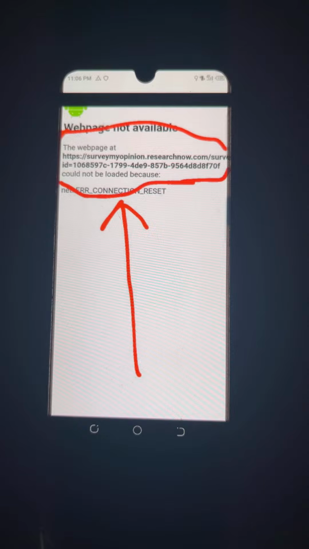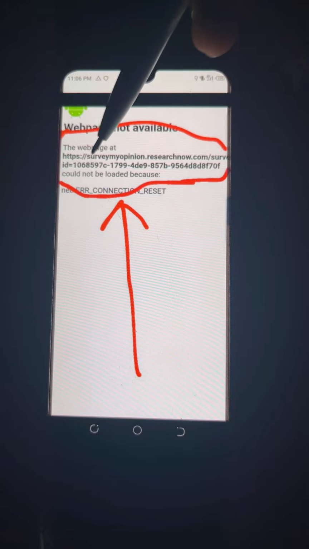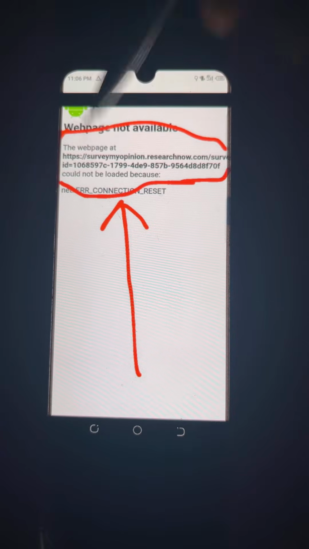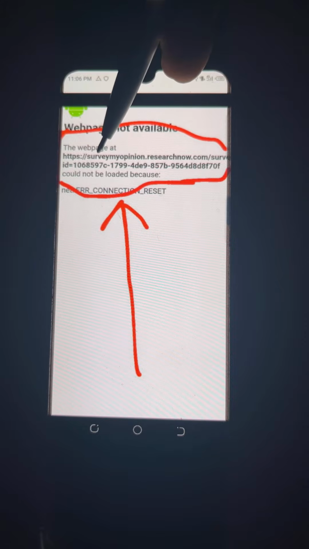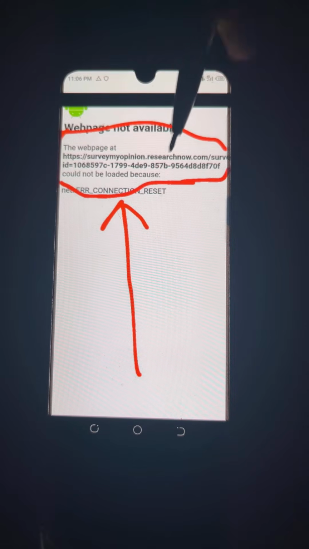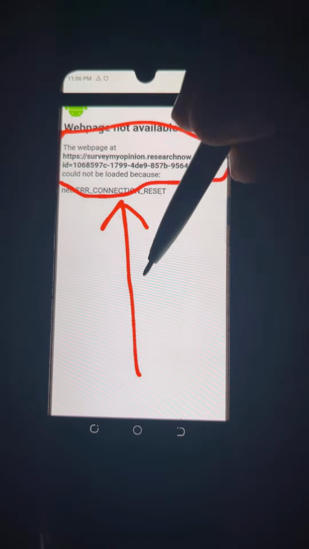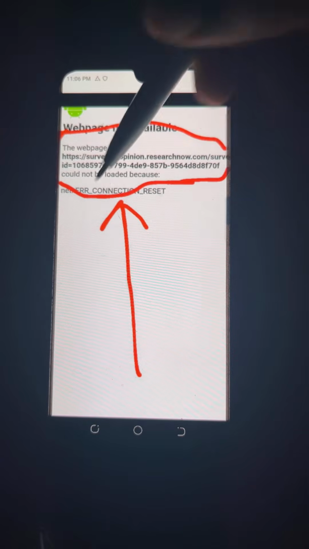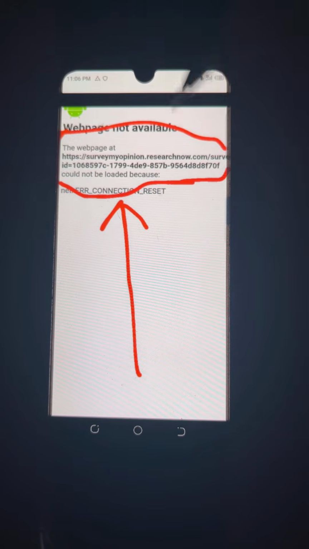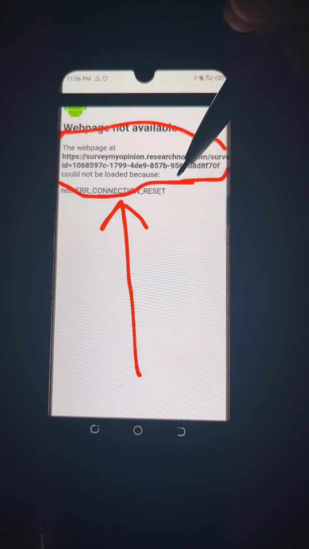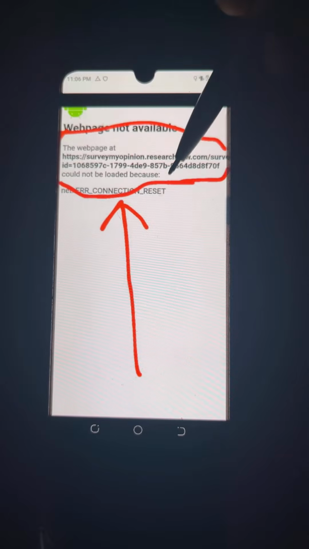So now one of the benefits is that you can copy this ID and go to this site, surveymyopinion.researchnow.com, and send them this. You understand? In fact, you can screenshot it or copy it and send it to them and tell them that there's this survey you were doing, you don't know what happened, and it stopped.